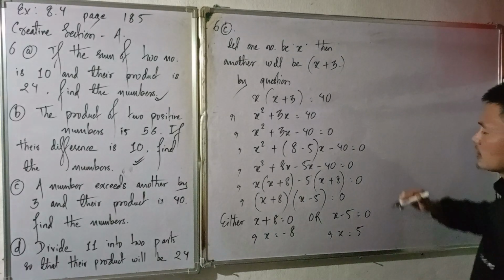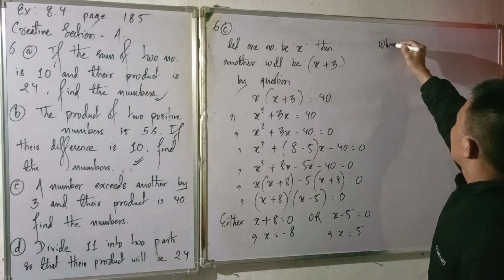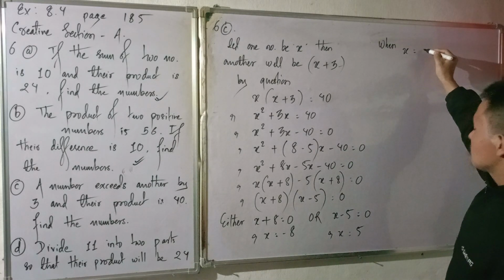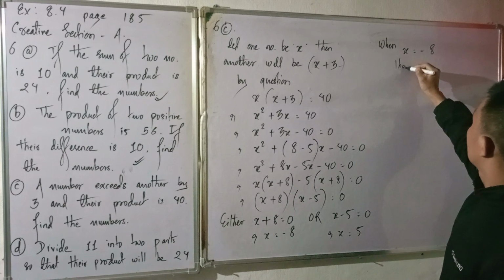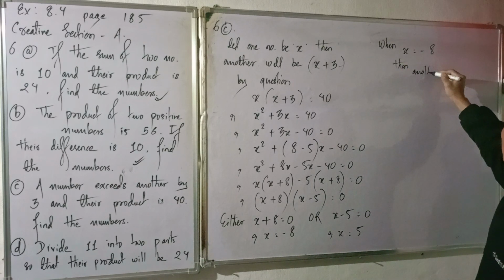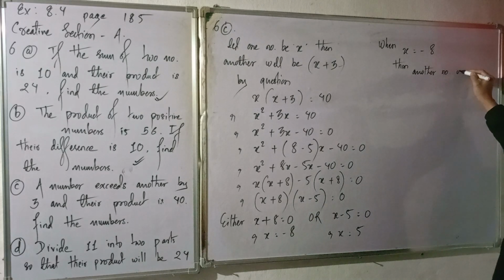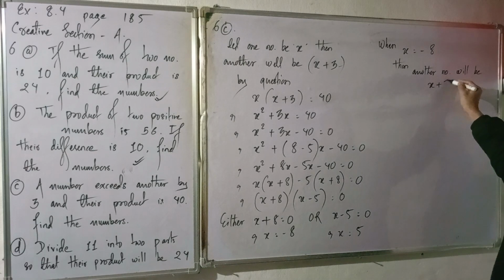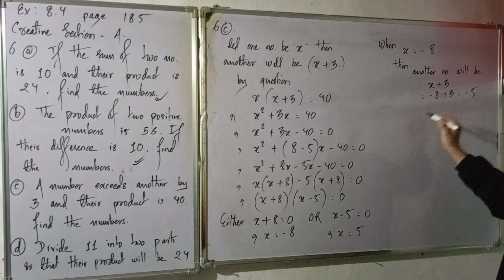In this case, when x is minus 8, then the other number will be x plus 3, that is minus 8 plus 3, which results in minus 5.